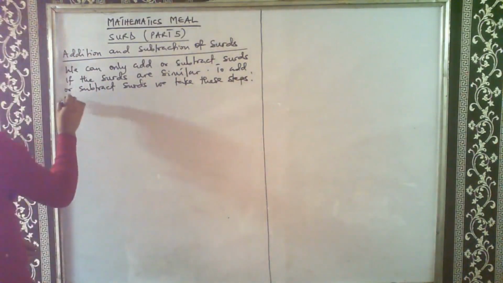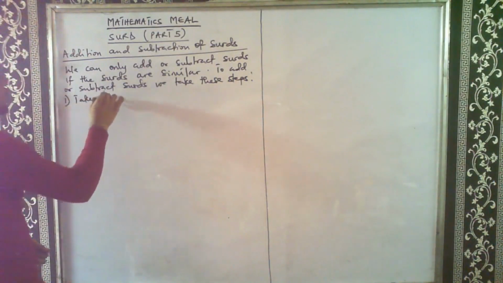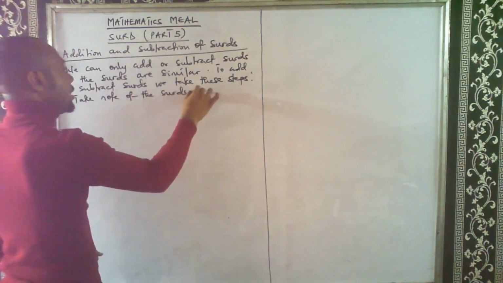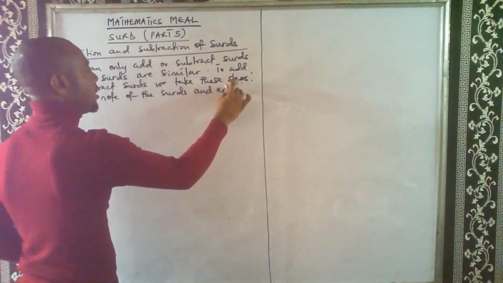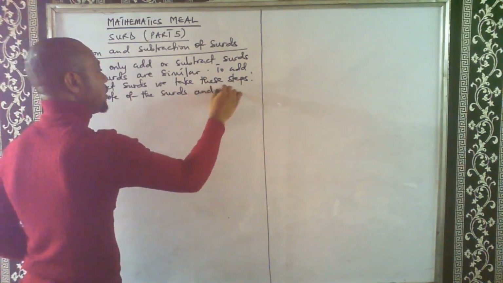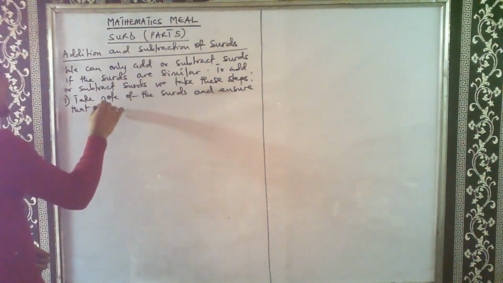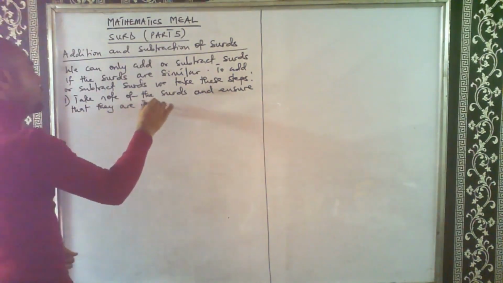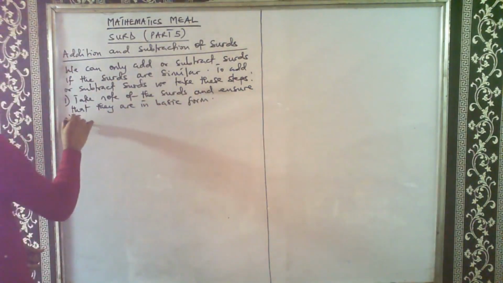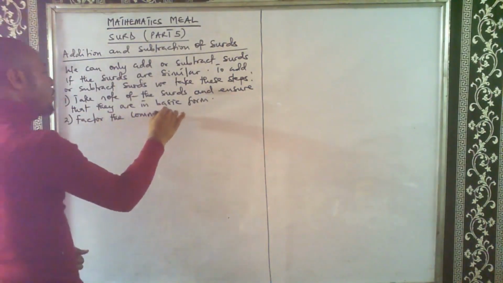Step 1: take note of the surds and ensure that they are in basic form. Step 2: factor the common radical.